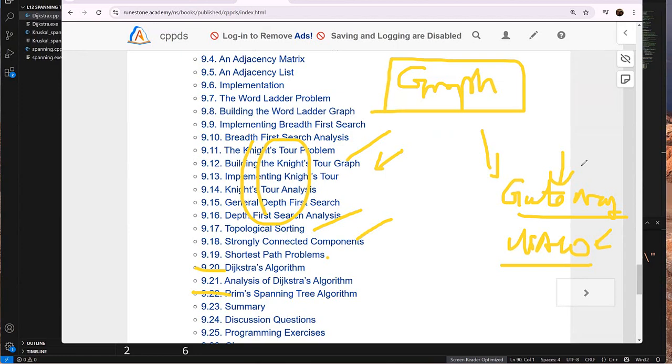After I finish this chapter, my plan is to study the gateway chapter 2 for the silver to gold level for USACO. That's our plan. Today we are up to here. We just introduced these three algorithms.